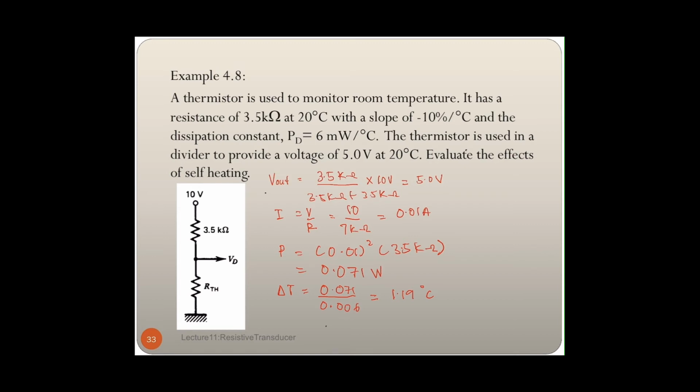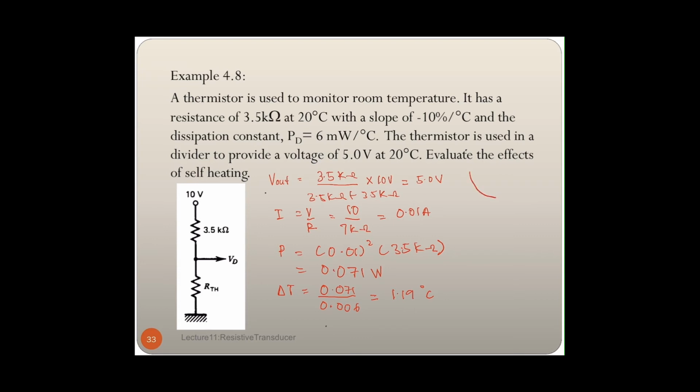So instead of using 3.5 kilo ohm for 20 degrees Celsius, now we need to get the resistance value at 21.19 degrees Celsius. In order to calculate that, we consider the slope information given in the question.